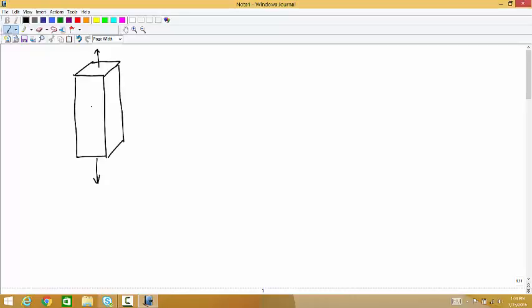So let me just make up some values here. Let's say that this starts out as 0.1, and this starts out as 0.02, and this starts out as 0.03.